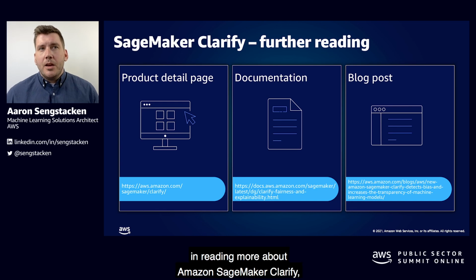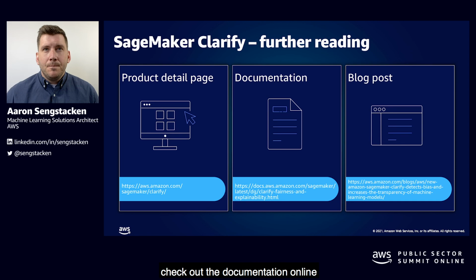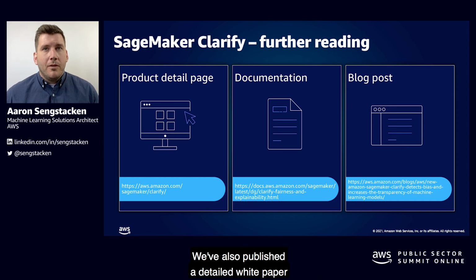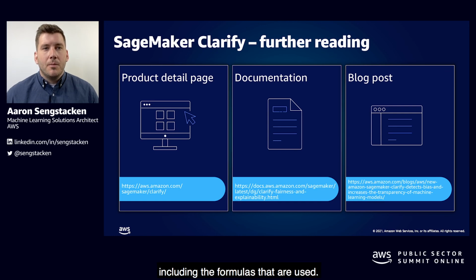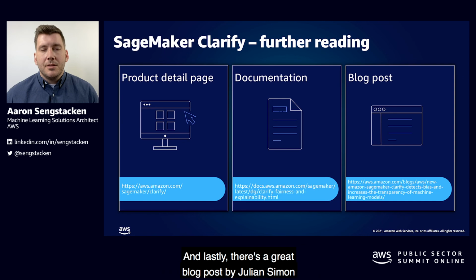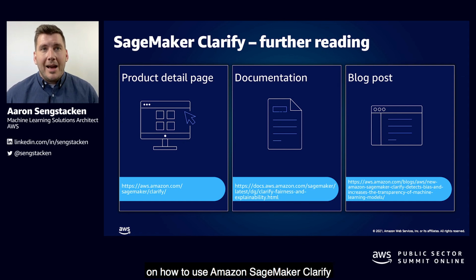If you're interested in reading more about Amazon SageMaker Clarify, check out the documentation online and the links above. We've also published a detailed white paper that covers the bias and explainability metrics that are calculated, including the formulas that are used. And lastly, there's a great blog post and a video by Julien Simon on how to use Amazon SageMaker Clarify to increase the transparency of your machine learning models.